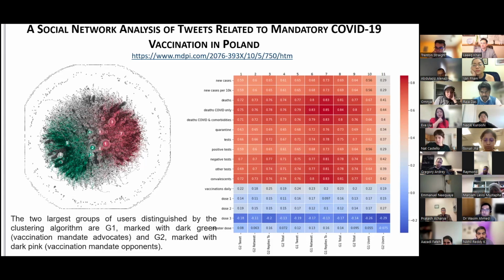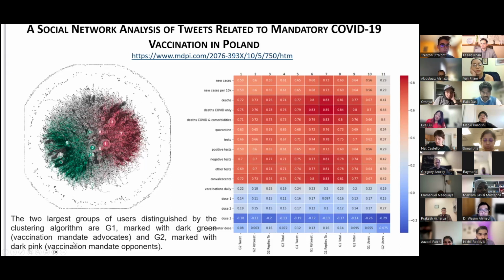The government was thinking of bringing in mandatory vaccination. My colleague was really interested in analyzing the network using Gephi to map out and visualize whether people were pro vaccination mandate or against it. The dark green in this visualization represented vaccination mandate advocates.